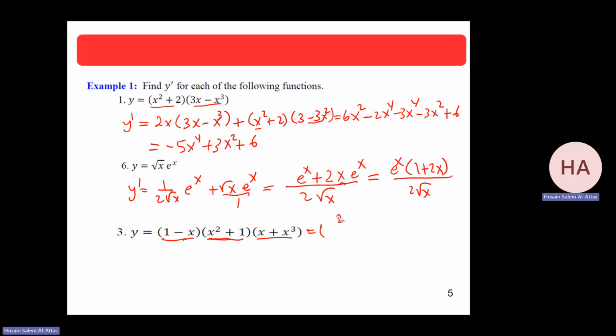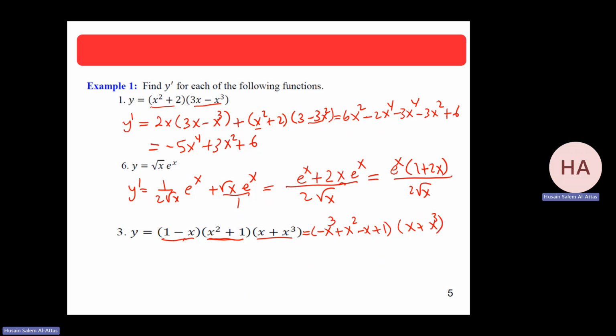No, minus x cubed, sorry. That will be minus x cubed plus x squared. Yeah, the highest is minus x cubed, x squared minus x plus 1, all of this times x plus x cubed.